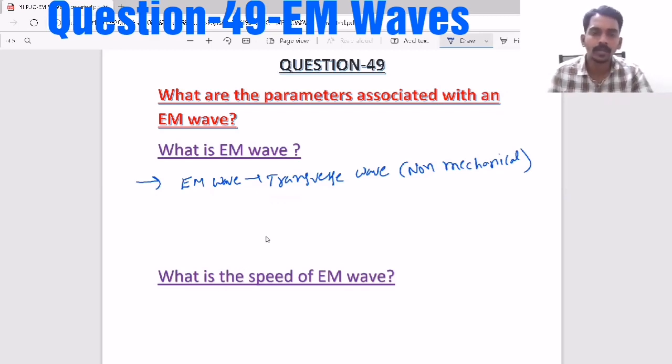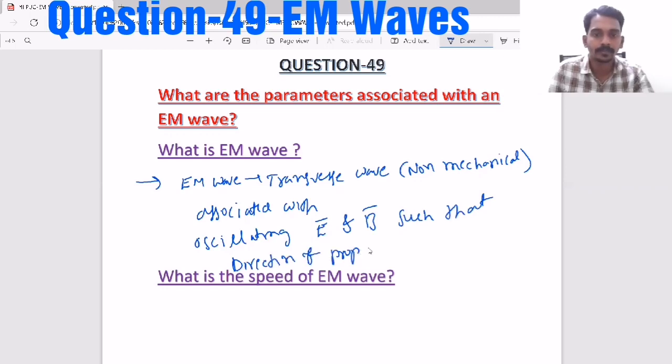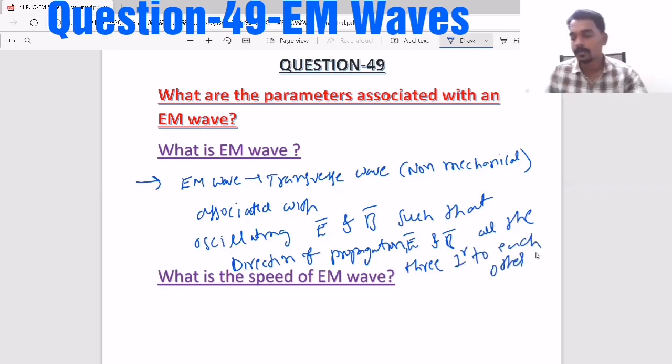Of course, it can travel through a medium also, and it is associated with oscillating electric field and magnetic field such that the direction of propagation, E bar and B bar, all the three are perpendicular to each other.